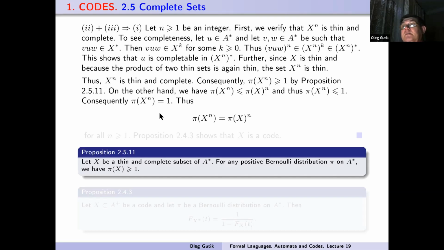Therefore, π of X to the power n is equal to π of X to the power n for all positive integers n. And Proposition 2.4.3 shows that the set X is a code.